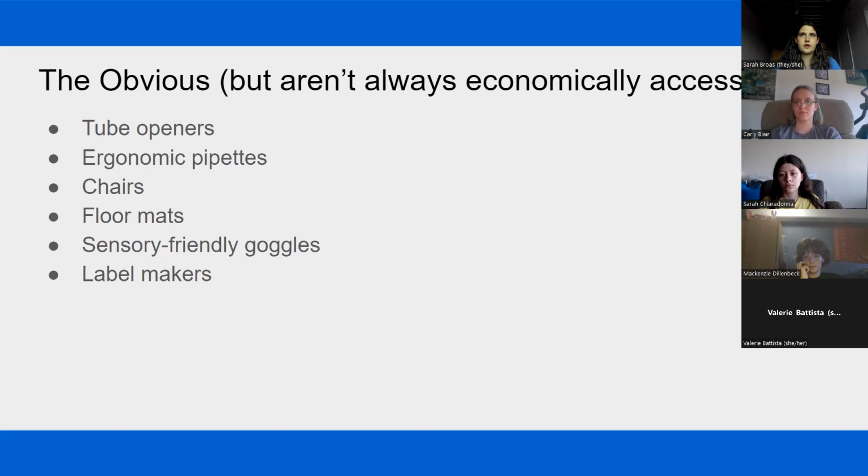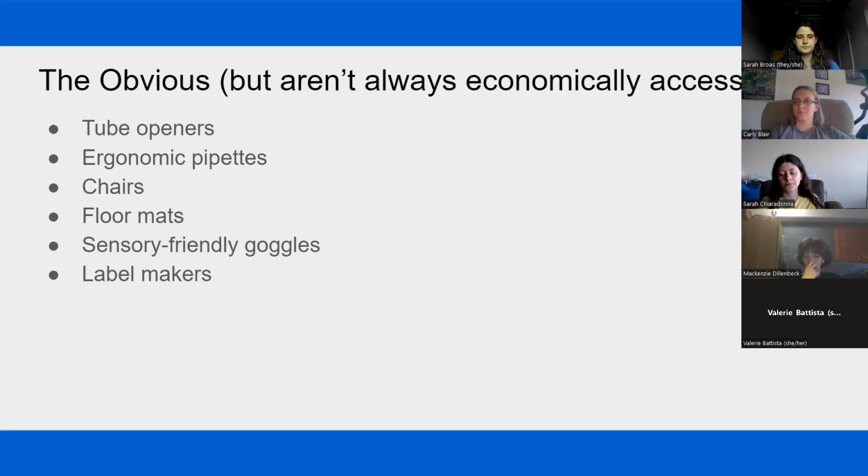I would imagine that for autistic folks, I don't personally struggle with this sensory issue, but for other autistic folks, I know that they struggle putting things on their face and feeling that sensation on their face. So by getting a pair of sensory friendly goggles, that can help to ameliorate that problem.